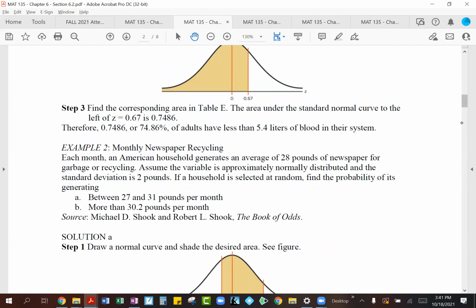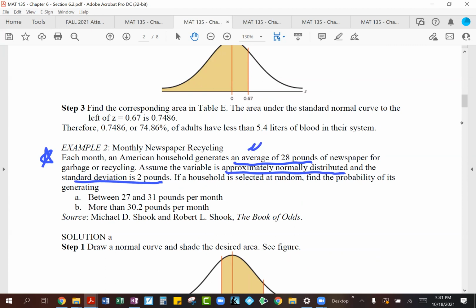This one is saying, each month, an American household generates an average of 28 pounds of newspaper for garbage or recycling. Assume that the variable is approximately normally distributed. Remember what I said, this terminology has to be there for us to do these examples. And they're telling us the standard deviation is 2 pounds.